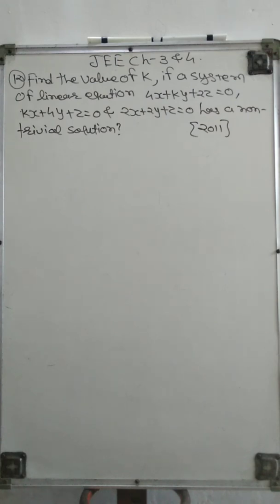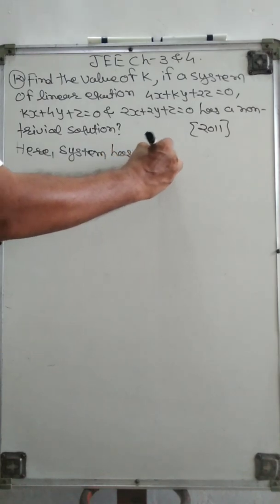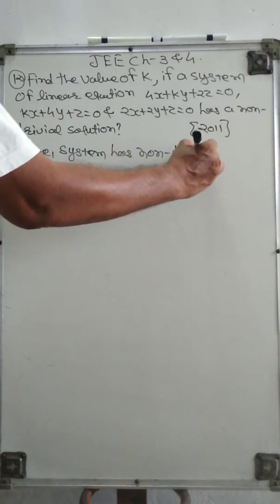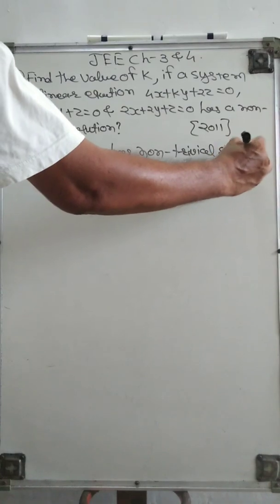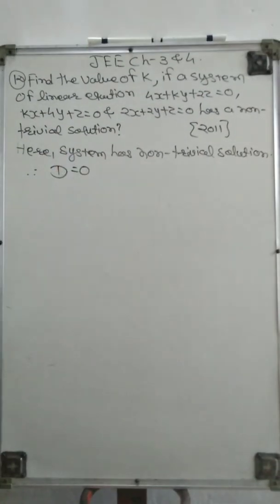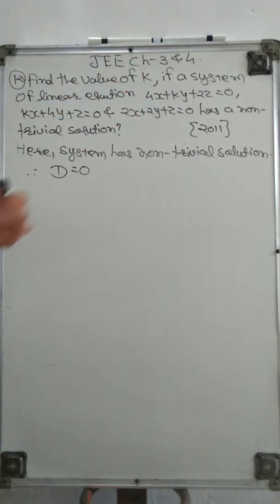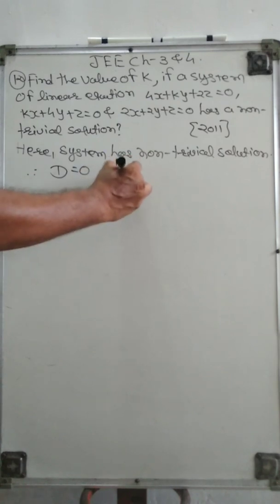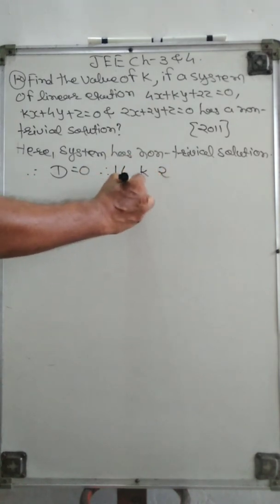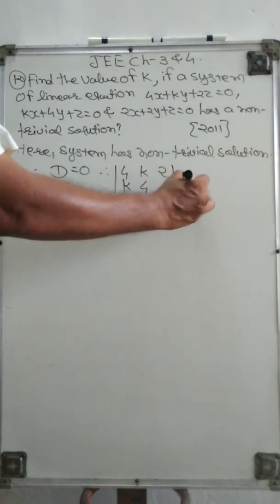So now we start here. The system has a non-trivial solution. Therefore D is equal to 0, which means the determinant of the coefficients of x, y and z is 0. It means 4, k, 2; k, 4, 1; 2, 2, 1 is equal to 0.